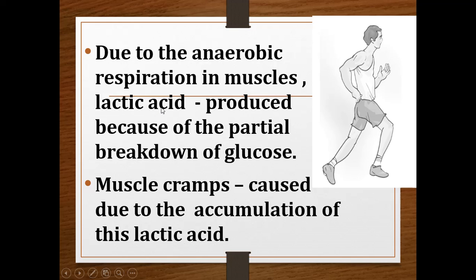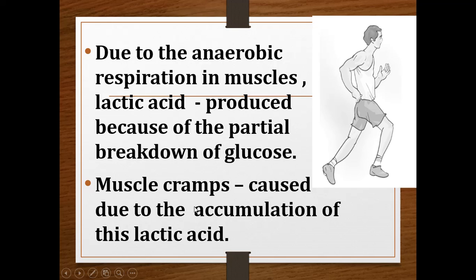So the lactic acid which is produced due to the partial breakdown of glucose will get accumulated, will get settled in our body, which will cause muscle cramps. Understood, children? So due to the anaerobic respiration in muscles, lactic acid is produced because of the partial breakdown of glucose, which will cause muscle cramps.